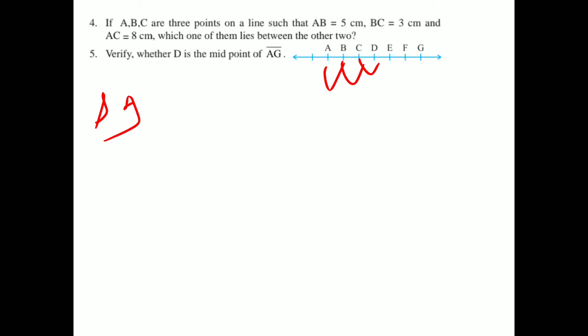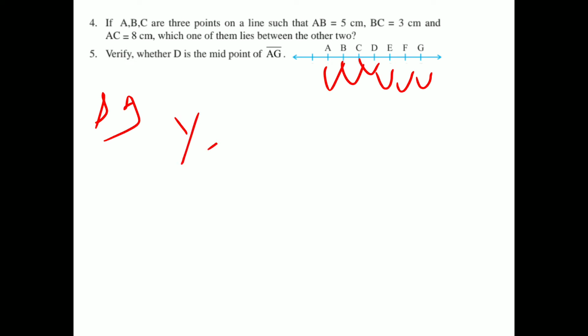And if I see from D to E, it is 1, 2 and 3. Again 3 units. So they are asking, D is a midpoint from both sides, from D to A and also from D to G. Both come to 3 units. It means that from both sides it has equal distance. So it means D is a midpoint.